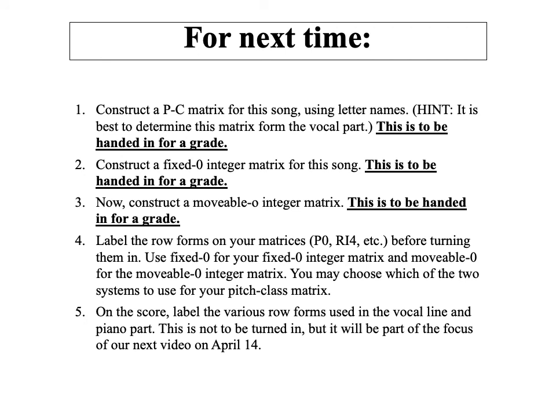And if you do that, it's hard to tell which note comes first. It sort of messes up the idea of series because it's simultaneous. So you have to untangle and guess. But on the score, look and see which row forms you think Webern is using from moment to moment. And on Tuesday's video, we're going to go through and discuss that. So make sure you've done it in advance.